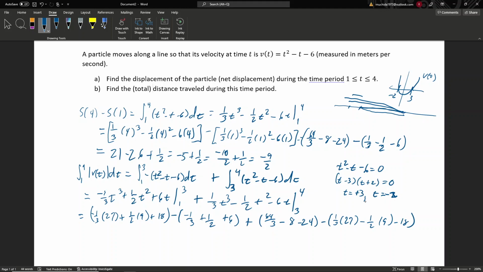Just to save time, when you do all of this, you would get 61 over 6, which is approximately 10.17 meters.